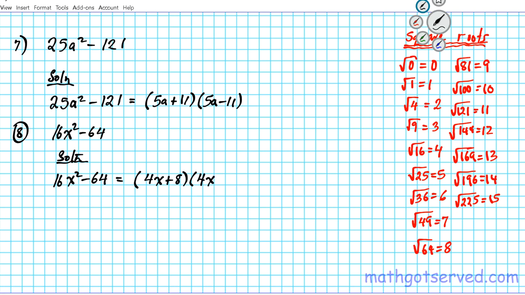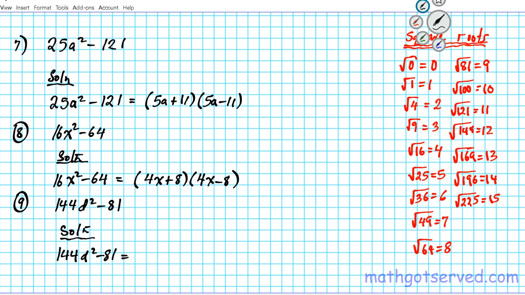And the difference is 4x minus 8. So you have the sum and the difference. For question 9, we have 144d squared minus 81. In this particular case, we have a difference of squares also.